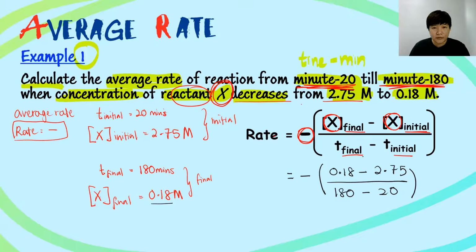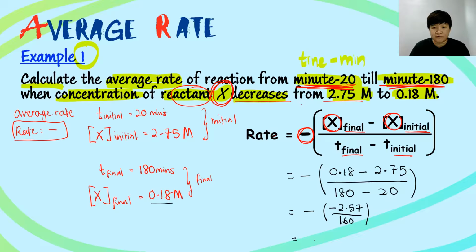As you can see over here, you cannot mix up the initial and final. They must be the correct values. Press your calculator and make sure the negative is still there at the beginning. So you have negative 2.57 over 160 minutes. Solve it. Negative times negative.